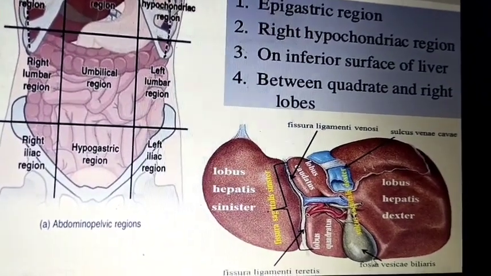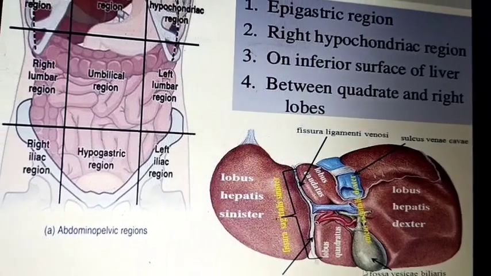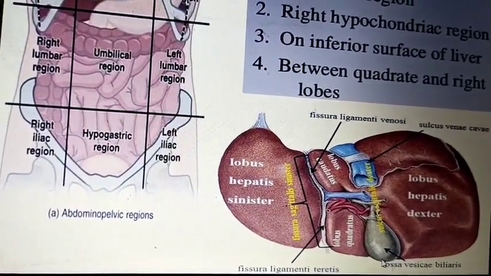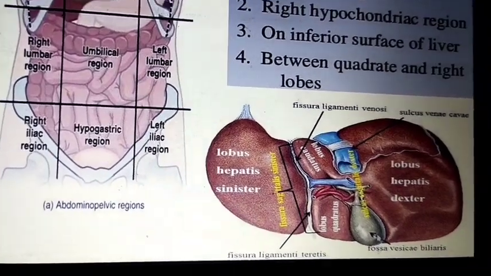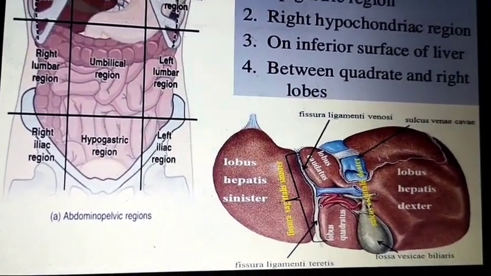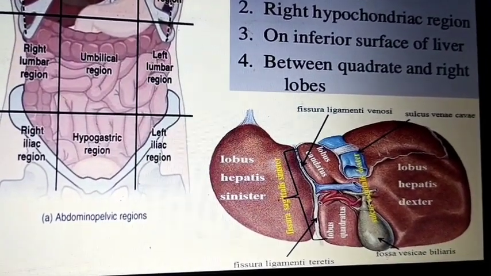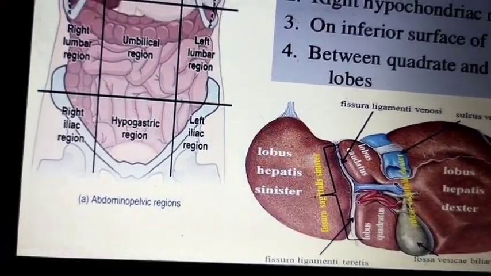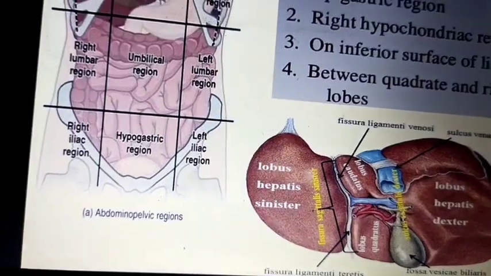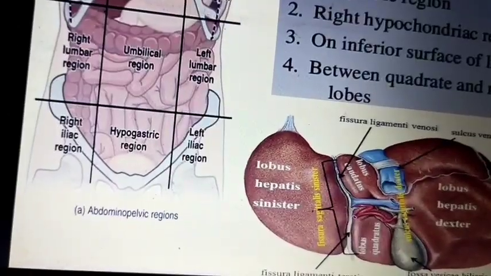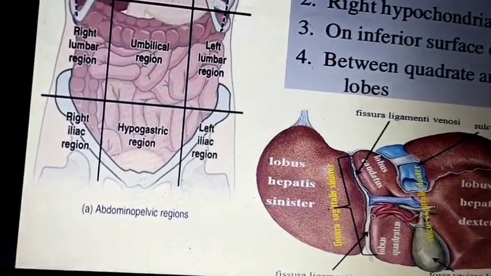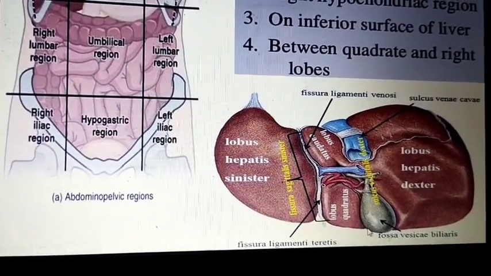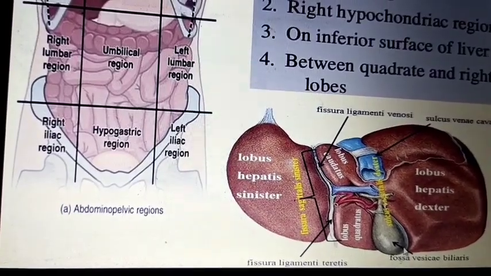And this is the fundus of the gallbladder, which looks dome shaped, present at the bottom, and it protrudes from under the liver.